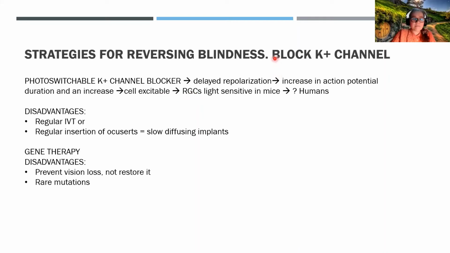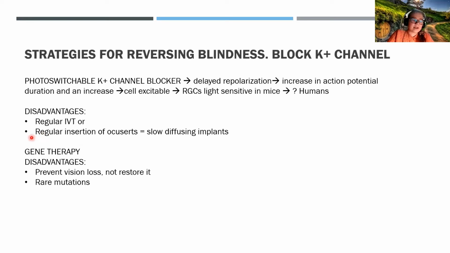Now, when it was done in mice, it was not really convenient because you need regular intravitreal injections into your eye, or regular insertion of ocuserts, things that you insert into your eye, and drugs diffuse slowly into your eye constantly.